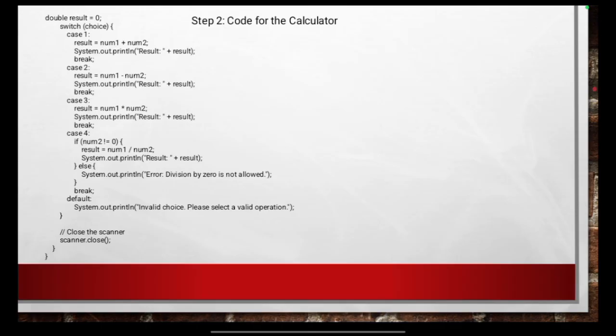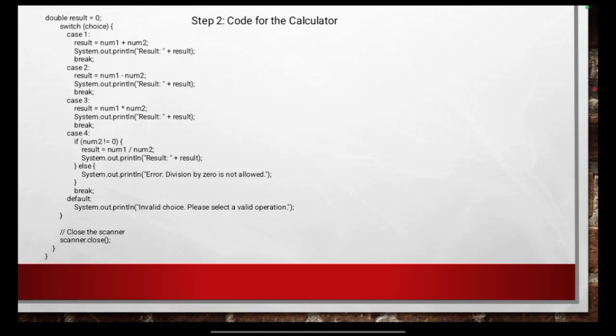For each case, add, subtract, multiply, divide, the code performs the respective mathematical operation between num1 and num2, storing the result in a double variable named result. It then prints the result using System.out.println. The break statement after each case ensures that only the matched case executes, preventing fall-through to other cases.